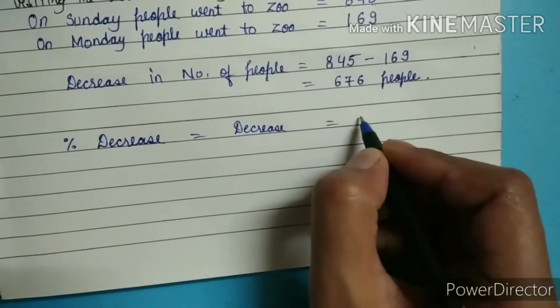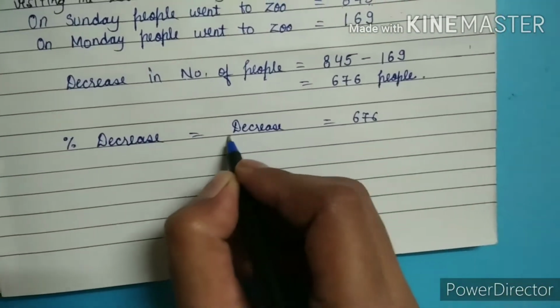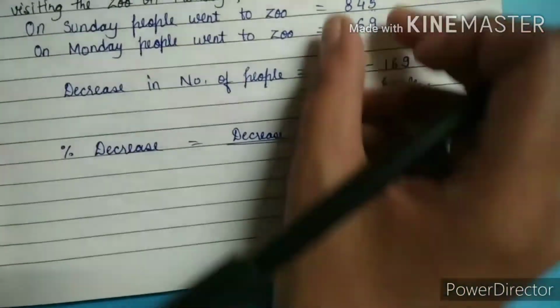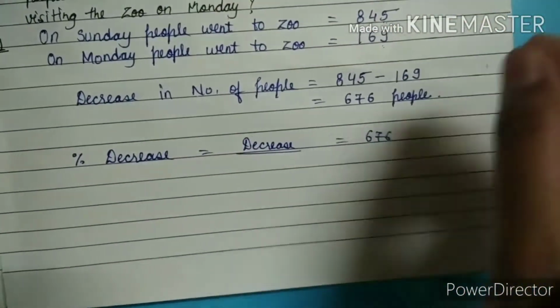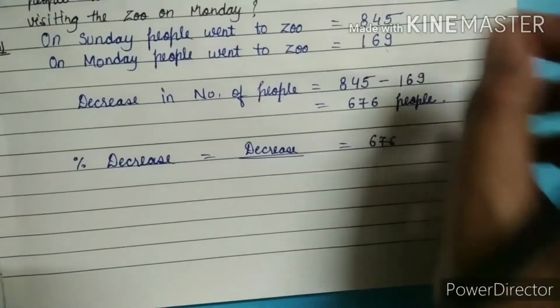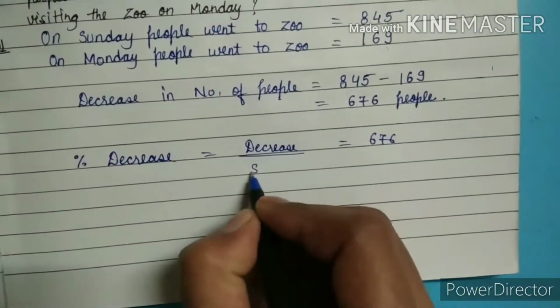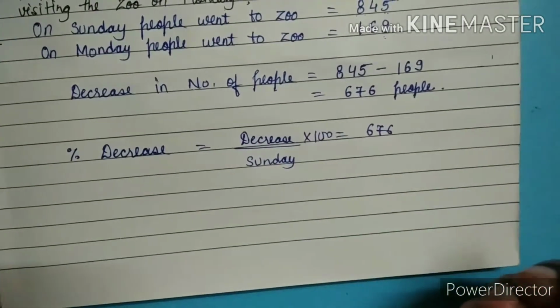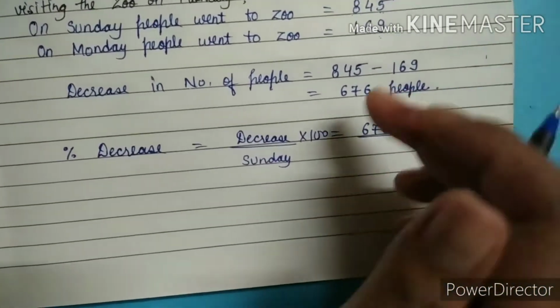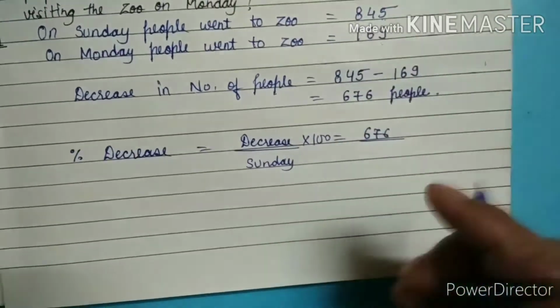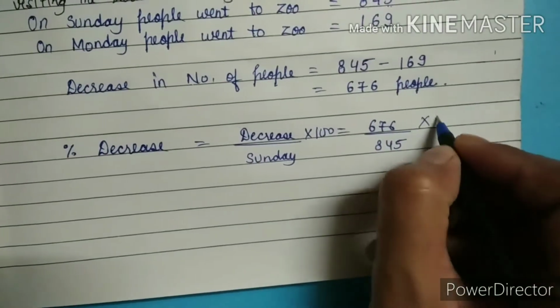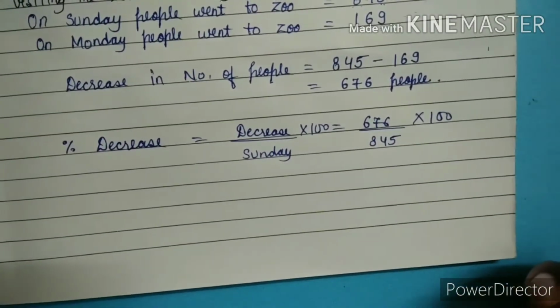Here will come 676, and the decrease we are comparing with Sunday, because Sunday is the main thing that they gave us first. So we are comparing with Sunday and multiplying with 100. On Sunday how many people went there? 845 people. So 845, multiplied by 100.